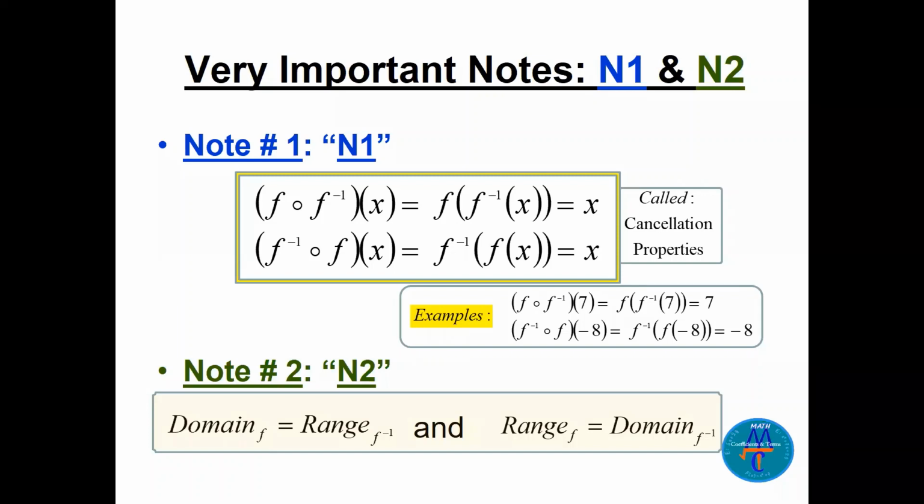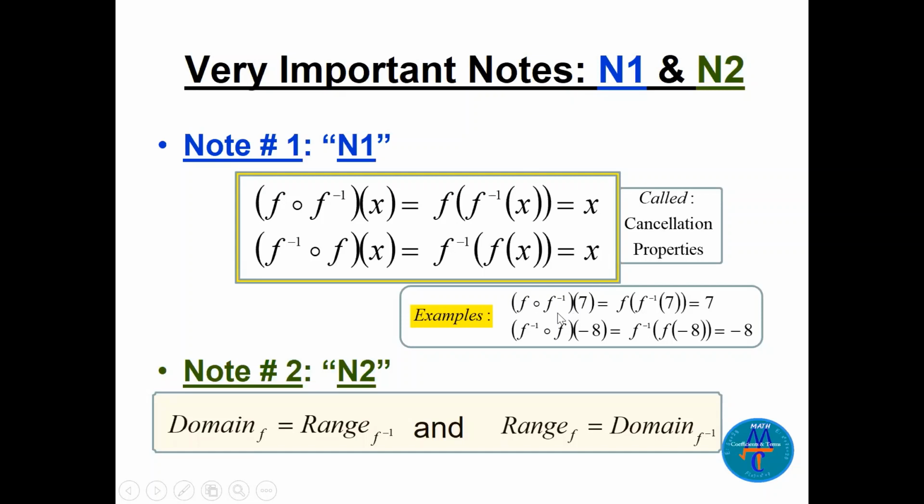Here we have 2 important notes, note 1 and note 2, related to the inverse. In note number 1, f circle f inverse of x is always equal to x, and f inverse circle f of x is always equal to x. We call these cancellation properties. Here we have 2 simple examples. F circle f inverse of 7 is equal to 7 directly.